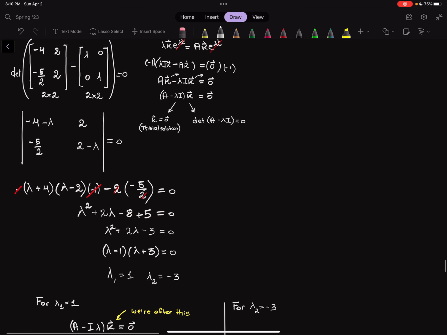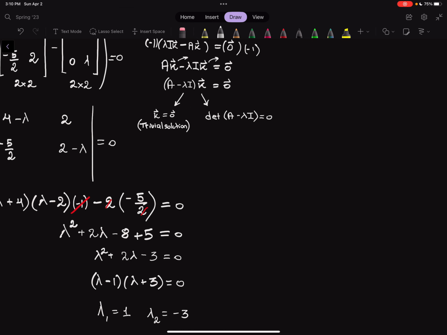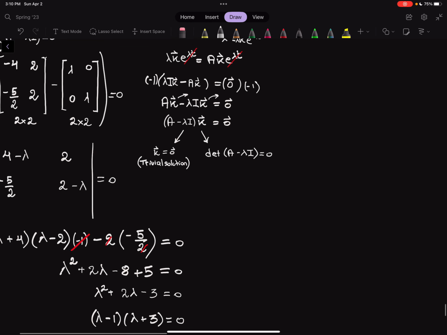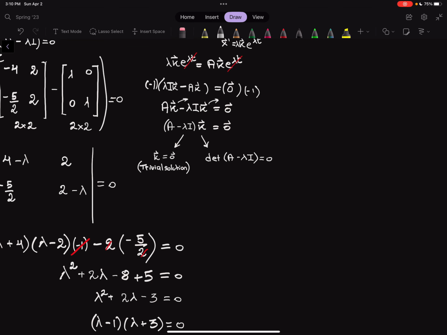And basically, what does this say? This is basically the eigenvalue problem. And what the eigenvalue problem tells you, if you rewind back to this expression right here, this is the eigenvalue problem.